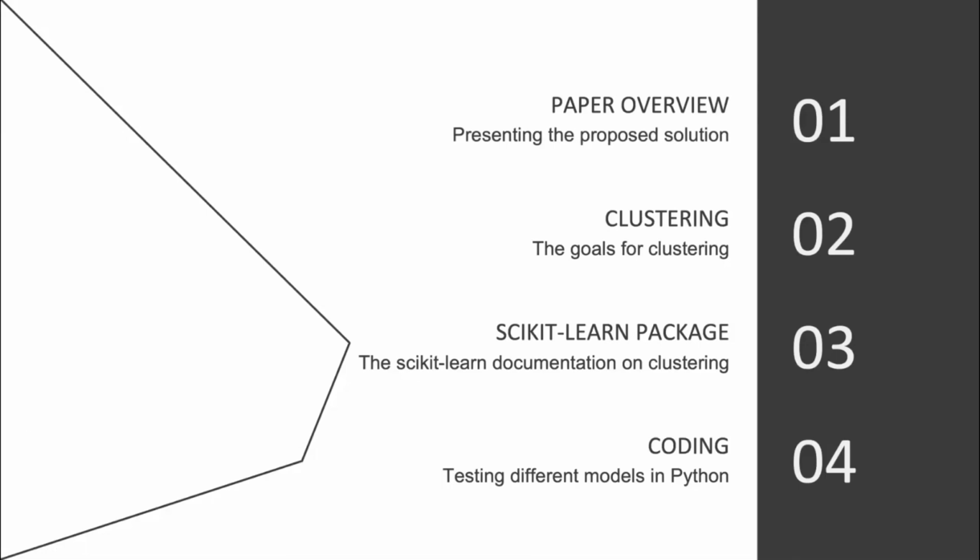I'm going to talk about the Scikit-Learn package that you're going to be using today for all the coding. Then we go to coding different models in Python. Last week, we tried 4 different algorithms or methods, and today, you're going to try 4 other different ones.